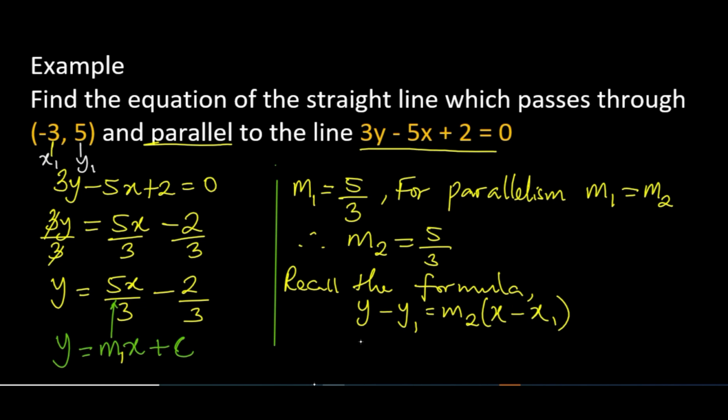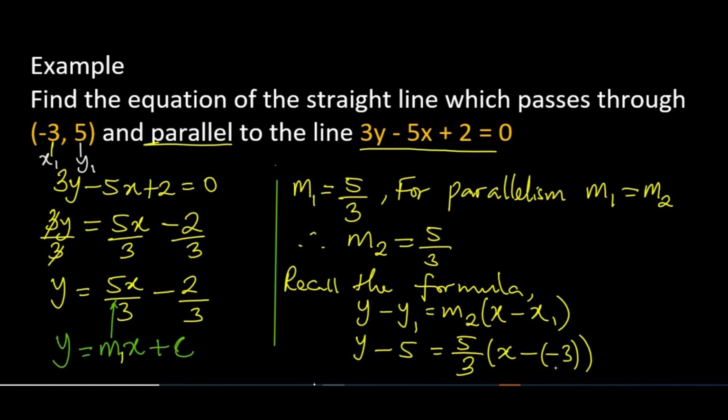So we now have y minus 5 is equals to 5 over 3, which is m2, into brackets x minus minus 3.